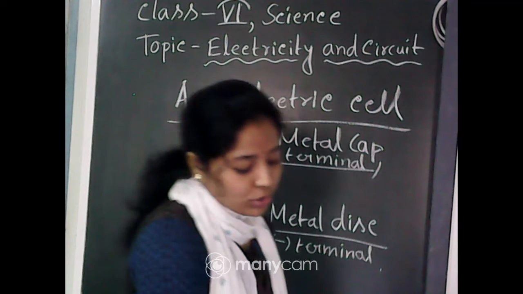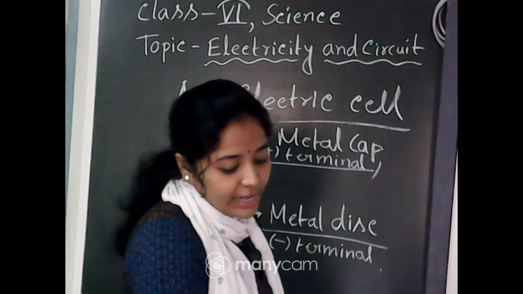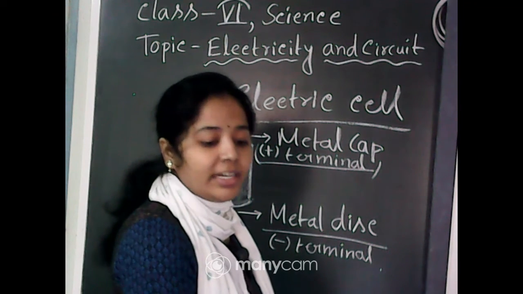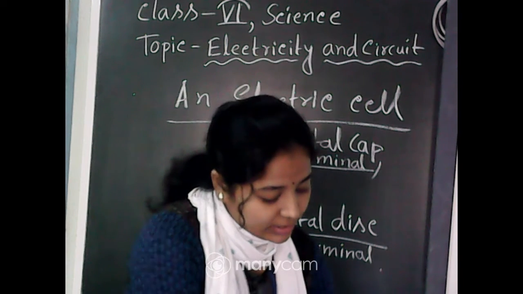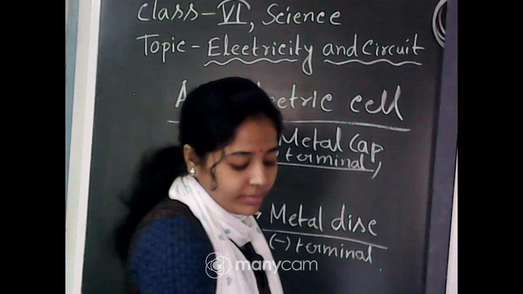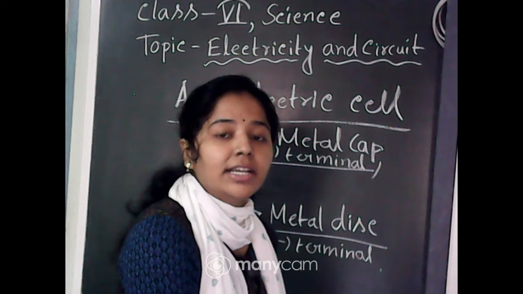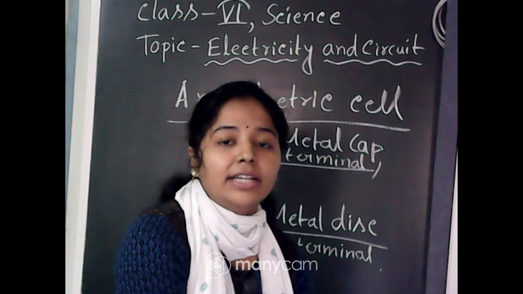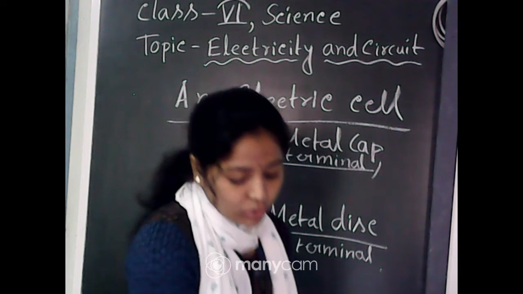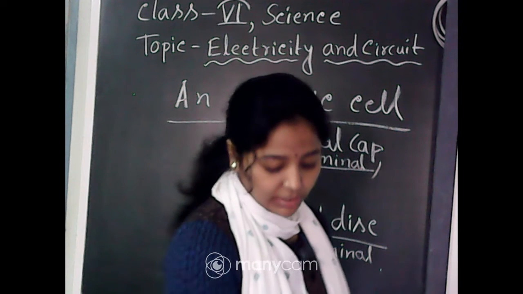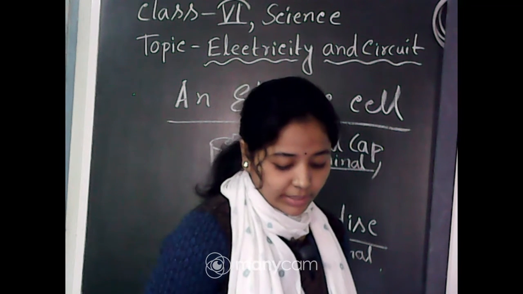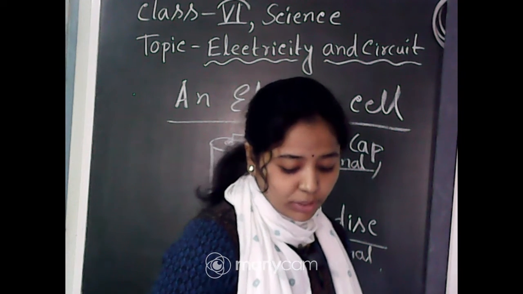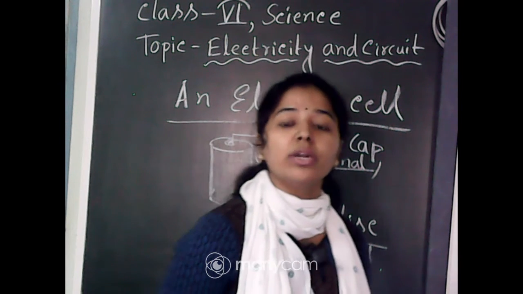Understood? So, the source of electric current is the internal chemical reaction that takes place inside an electric cell. All electric cells produce electricity from the chemicals stored inside it.